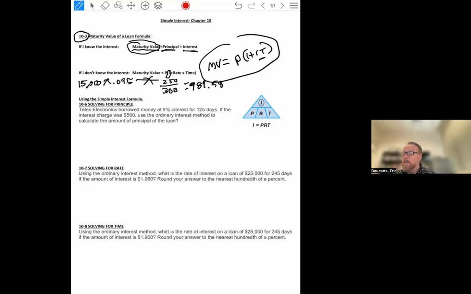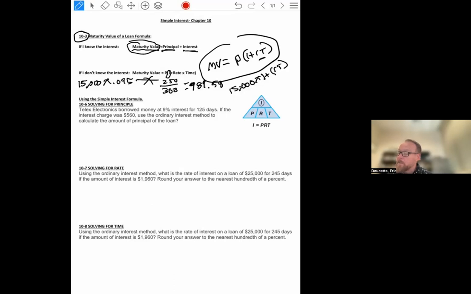Now, if we took this maturity value formula and reworked it, we would first start with our 15,000 again, multiplied by 1 plus the rate and the time.